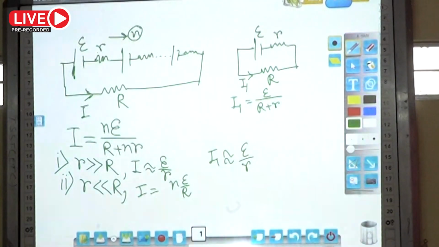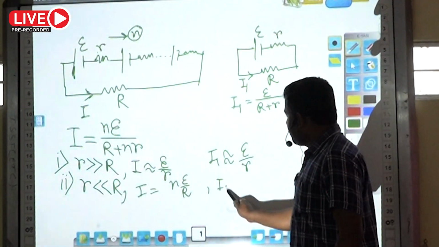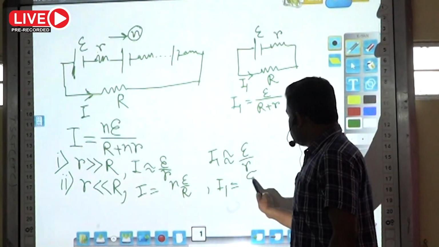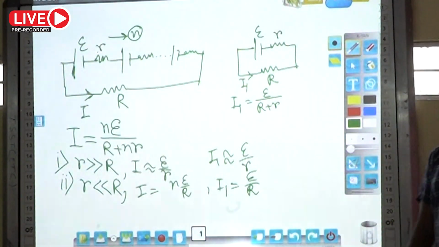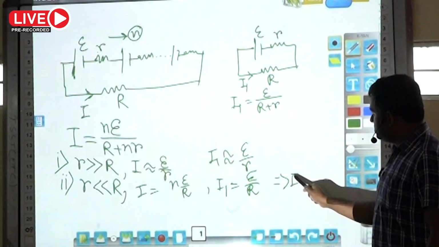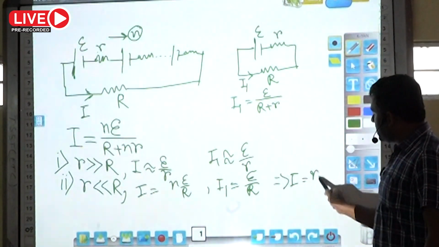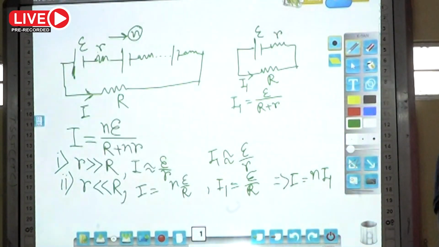So it will become almost nE by capital R, and for the single cell it will become E by capital R. So what it gives? I is almost n times I1. So single cell, if produces current I1, n number of cells will produce n times more current.